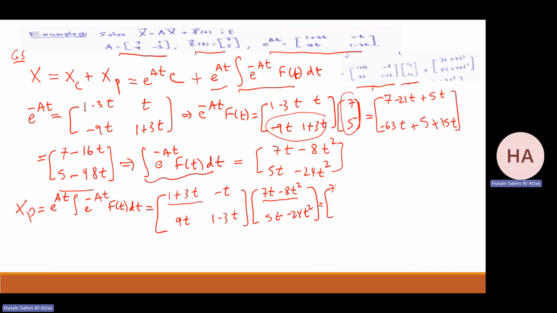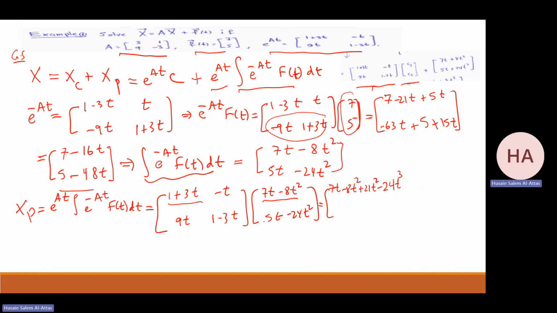So I have 7t, okay, minus 8t squared plus 21t squared. Let me do it in details. Minus 24t cubed.